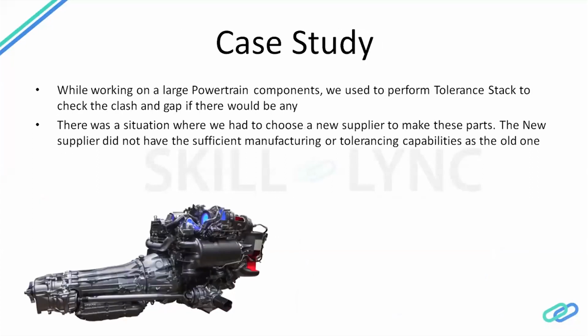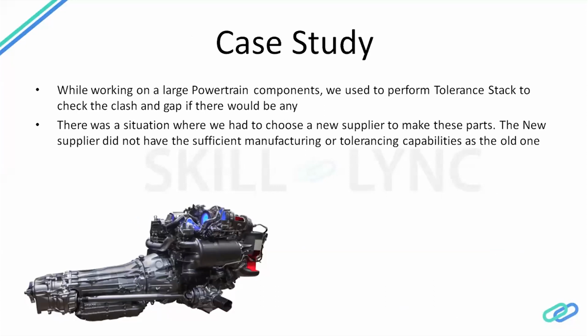So this is one of the case studies which I want to talk about. When I was working for a powertrain component, we used to perform these tolerance checkups for the powertrain components, to check whether there's a clash or a gap. If there's a clash, then it cannot pass.